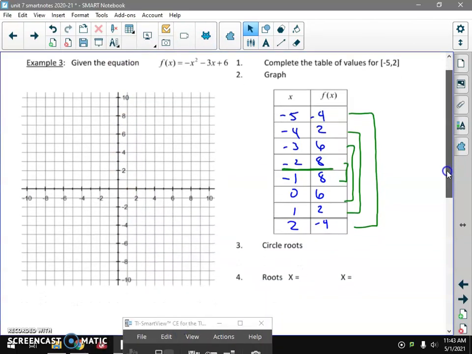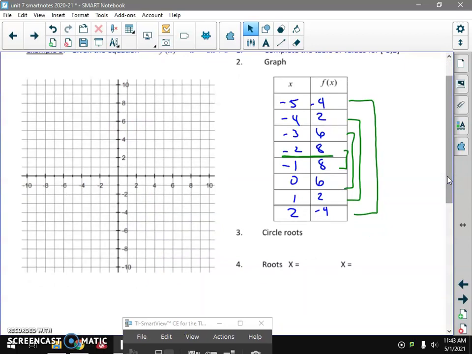Let's plot these. -5, -4: out the window and down. -4, out the window, up 2. -3, up 6. -2, up 8. -1, up 8. 0, 6. 1, 2. And over 2 and down 4. We gave you the domain, so therefore we're not going to put arrows on.